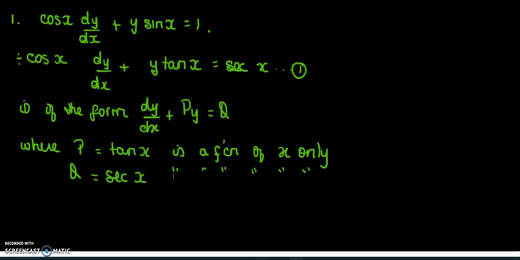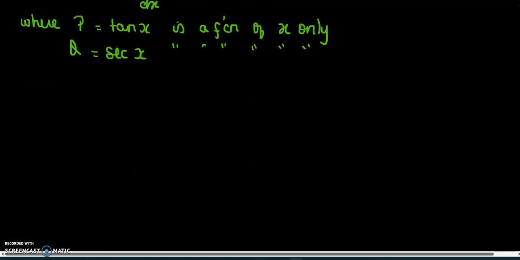So now we're going to find what the integrating factor is. So u is equal to e raised to the integral of p dx, and this is equal to e raised to the integral of tan x dx.